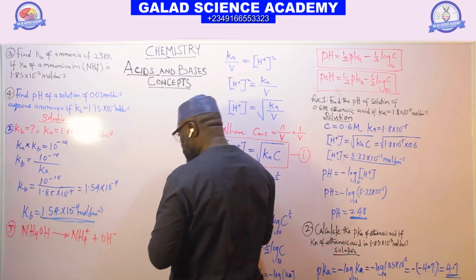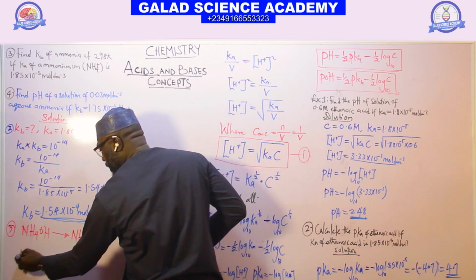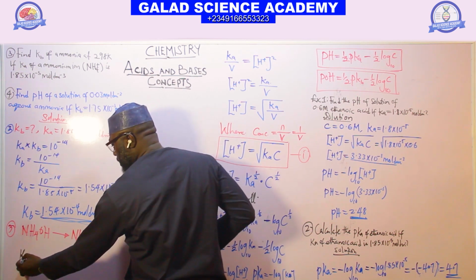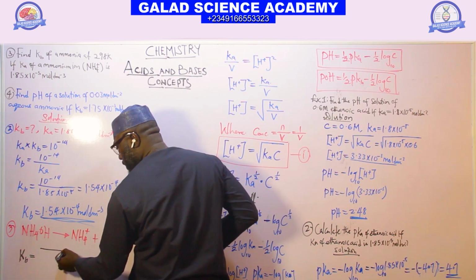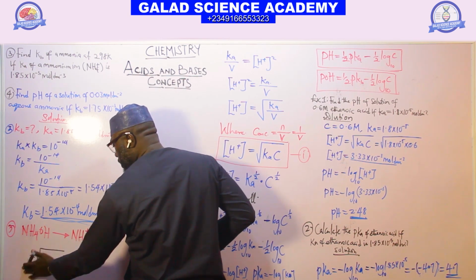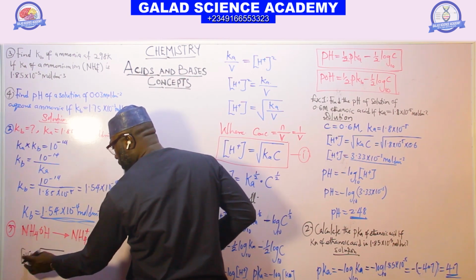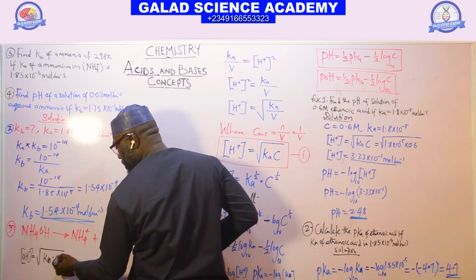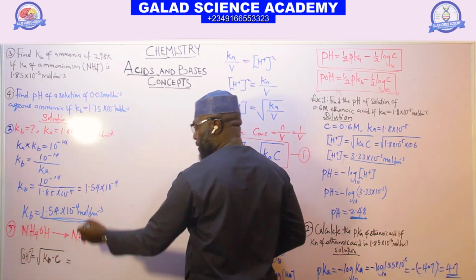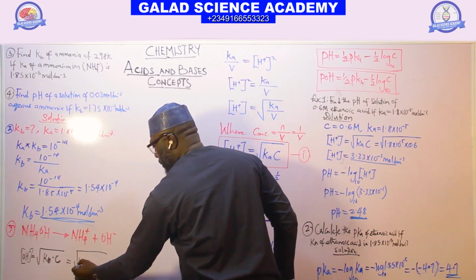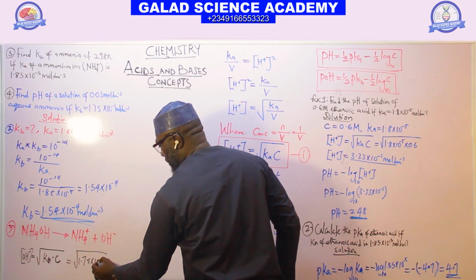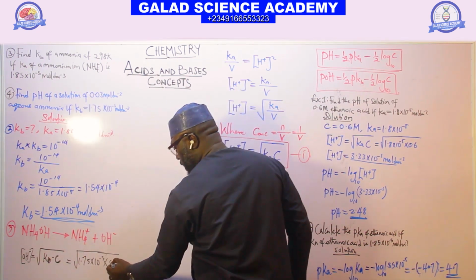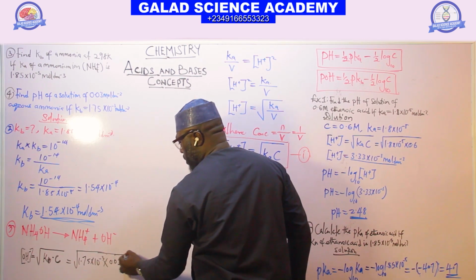By applying the same principle we used earlier, with Ostwald's dilution law, Kb is equal to the concentration of OH minus squared. So the concentration of OH minus equals Kb multiplied by C. Kb given here is 1.75 times 10 raised to the power minus 3, everything multiplied by the concentration, which is 0.03 mole per dm cube.